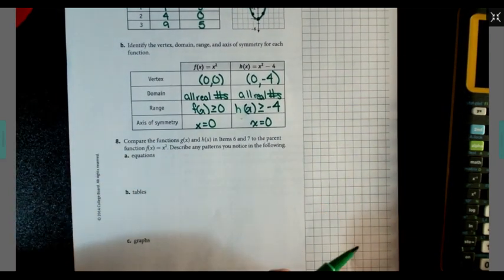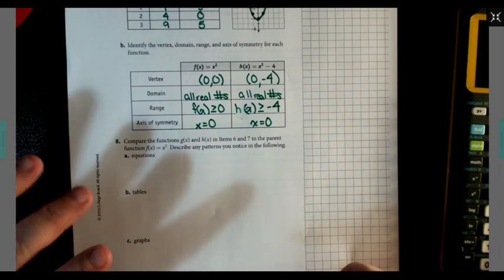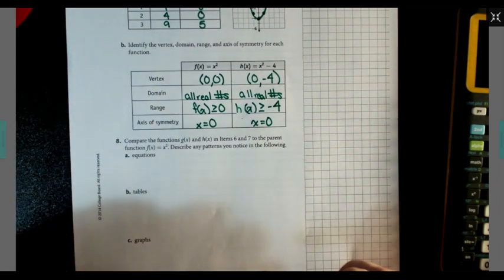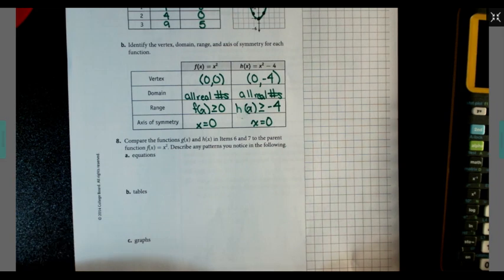Compare the functions g of x and h of x in items 6 and 7 to the parent functions. Describe any patterns you notice in the following: the equations, the tables, the graphs.